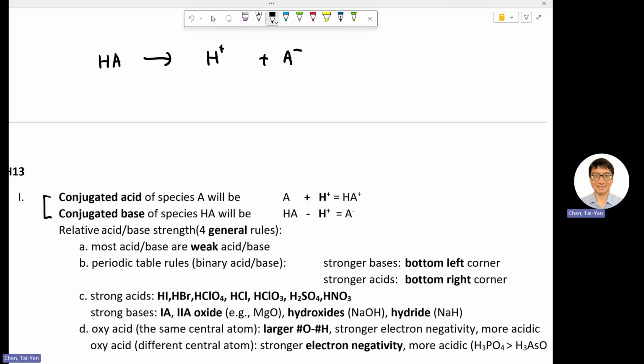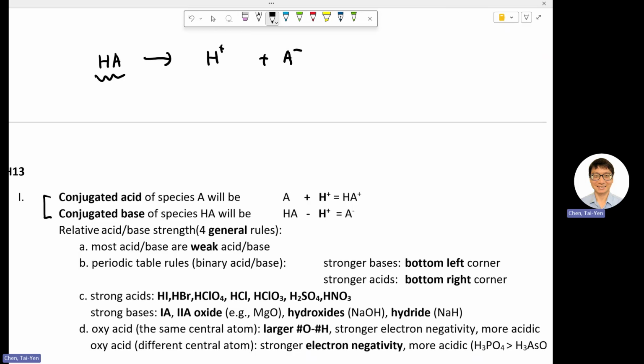So I use HA to represent the acid. An acid is a species that can dissociate and produce H plus. That's why I wrote H plus on the right-hand side of the arrow, and then I write all the remaining part as A minus.